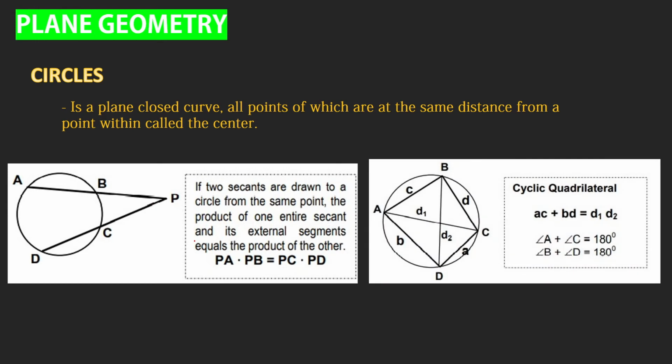Next, ito, cyclic quadrilateral. Sa cyclic quadrilateral, nasa loob po yung ating quadrilateral. Mamaya pag-uusapan natin ano ba si quadrilateral. Ang theorem dito, AC, yung side a times side c, plus bd, is equal to diagonal 1 times diagonal 2. Okay? Speaking of the quadrilateral, it's a polygon with 4 sides.